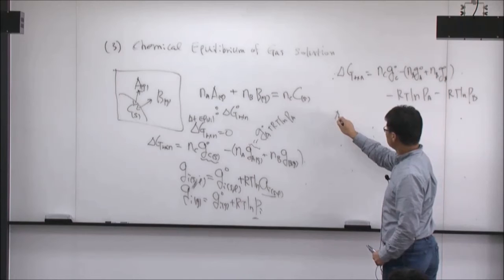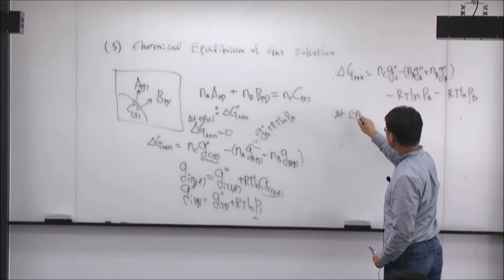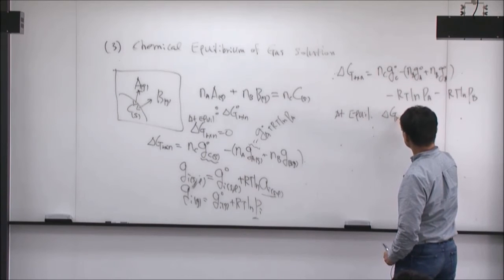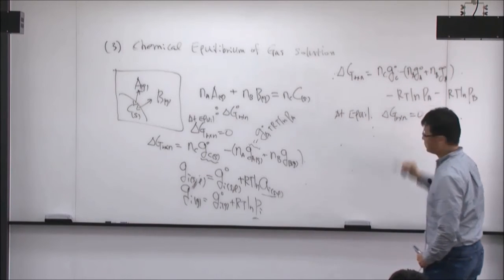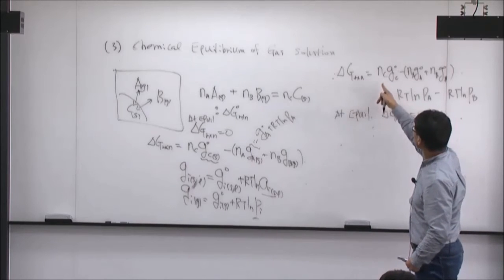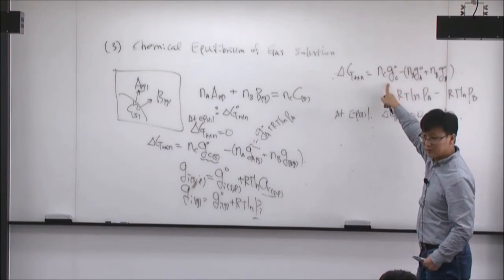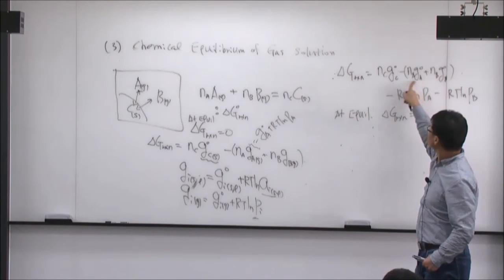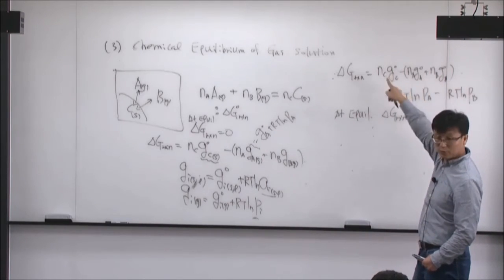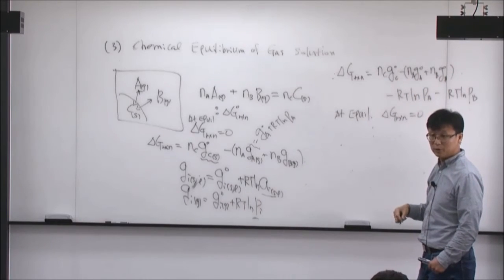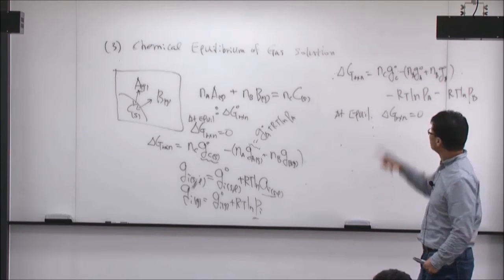As I mentioned, at equilibrium state, this value, delta G of reaction, is equal to 0, not delta G naught. So this term is the same as delta G naught of reaction, yeah? This term is delta G naught of reaction between the pure species, with each stoichiometric coefficient of the reaction. Okay?